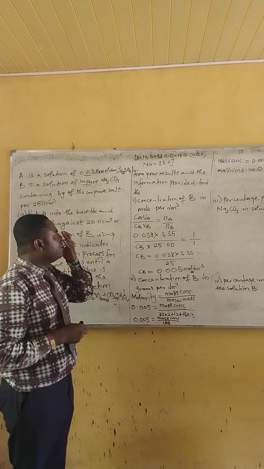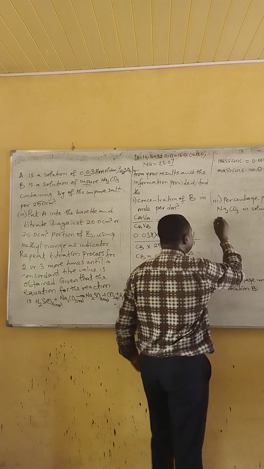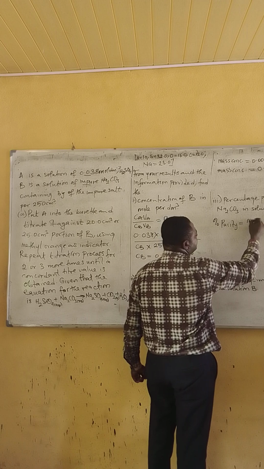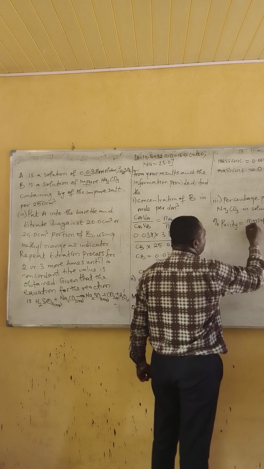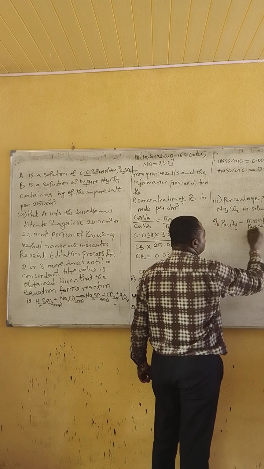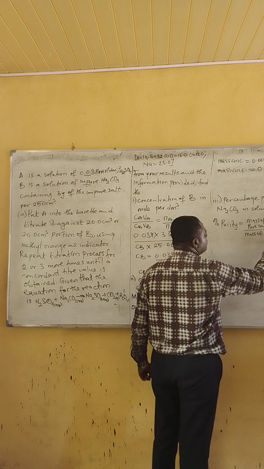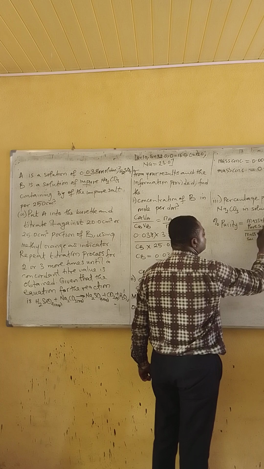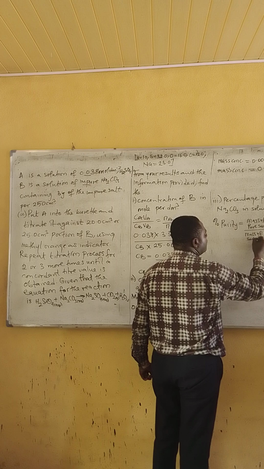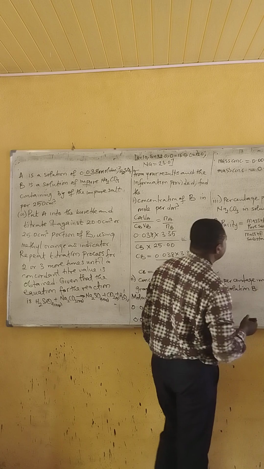Now, the next one, percentage purity. Don't forget, the formula for percentage purity is equal to mass of pure salt over mass of impure salt, times 100 over 1.